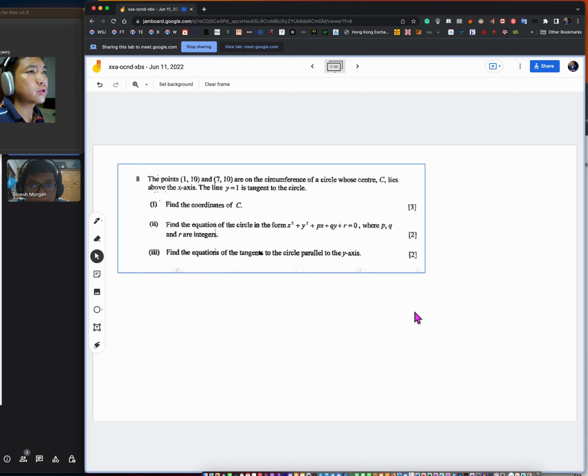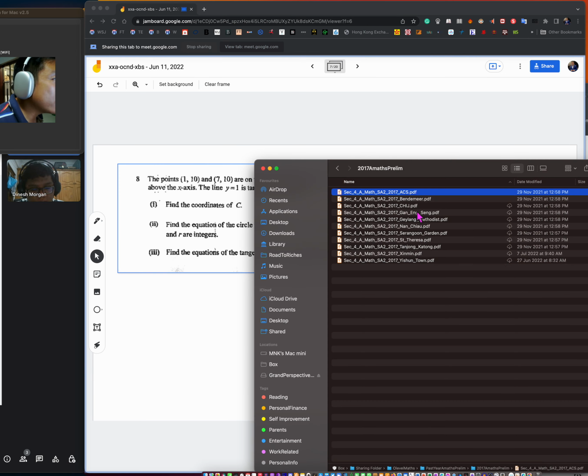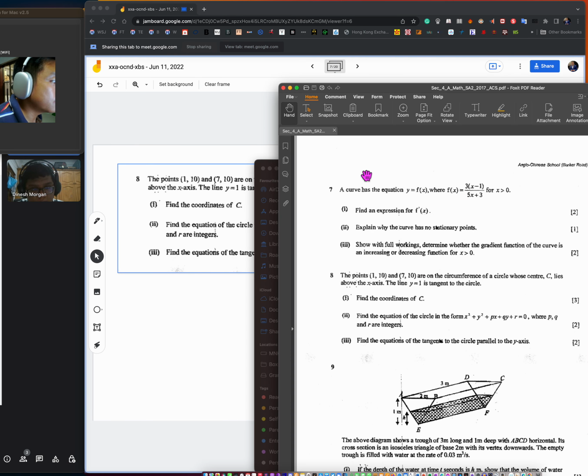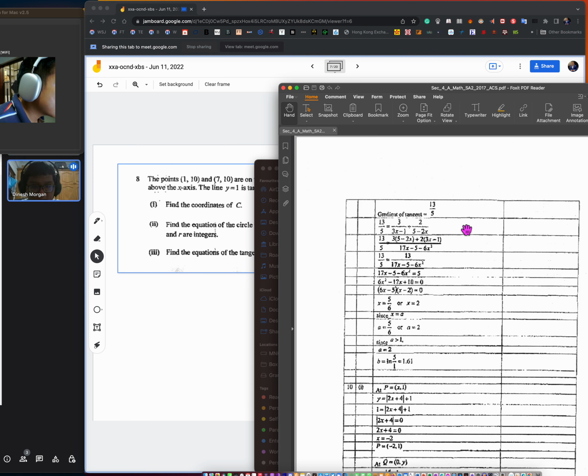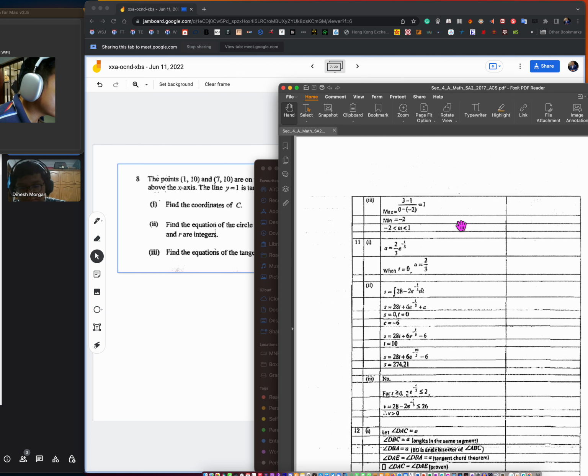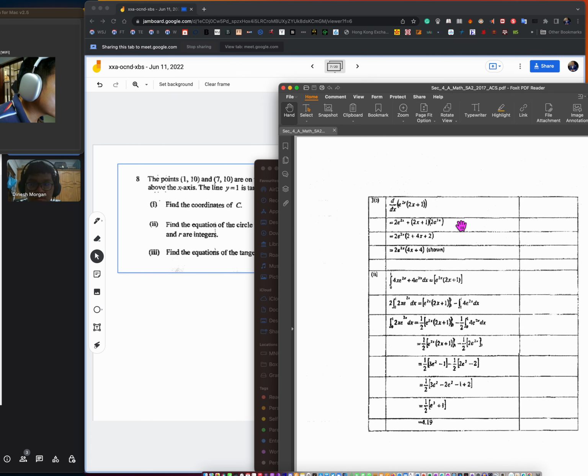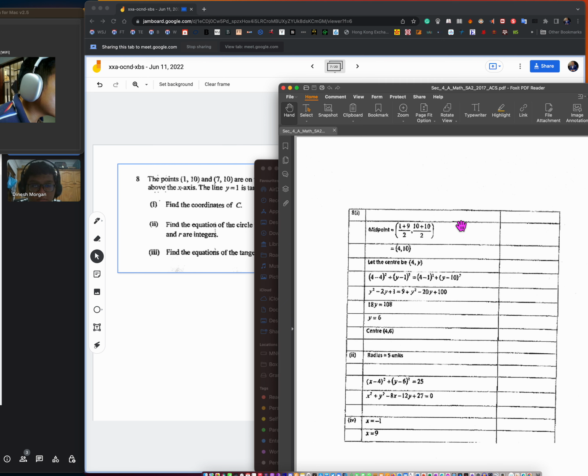What's the formula for the equation of circle? Okay, so that's the reason why it's important to know the basic stuff first. So what's the basic stuff? The general formula for the equation of circle, right?